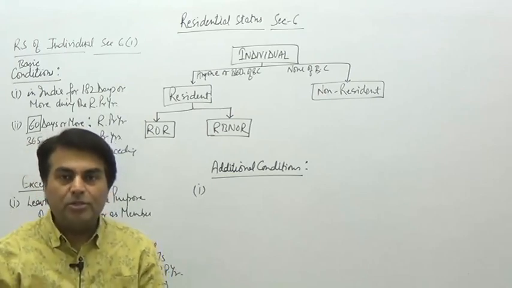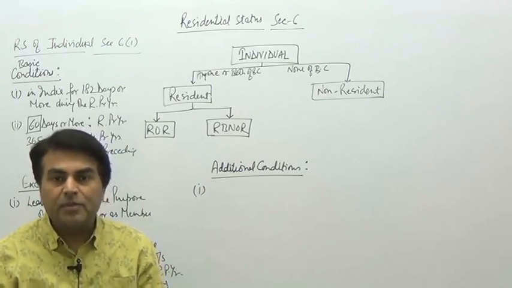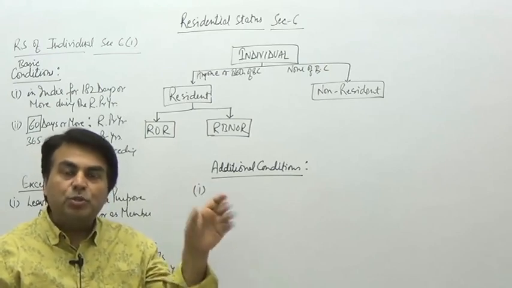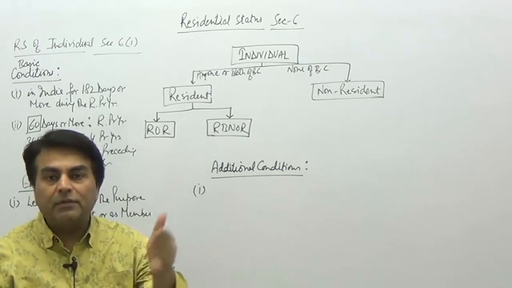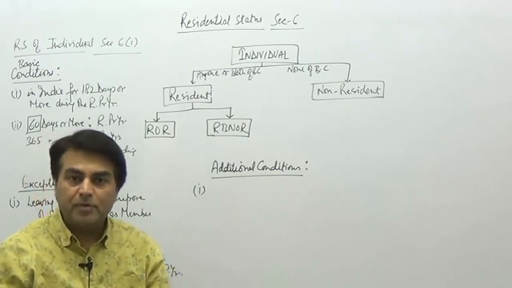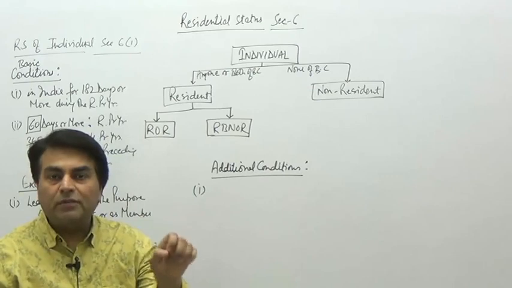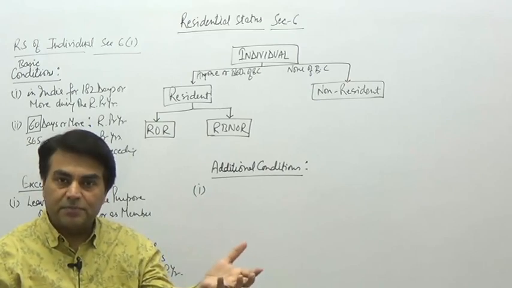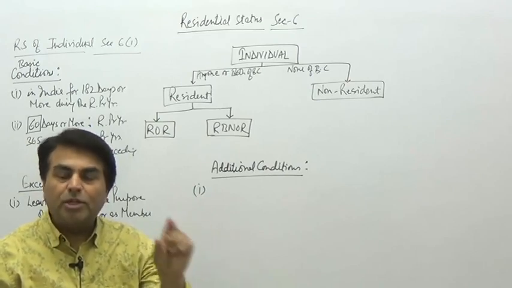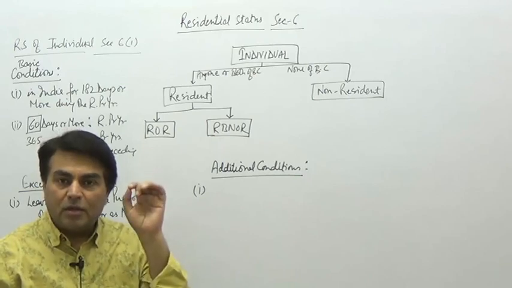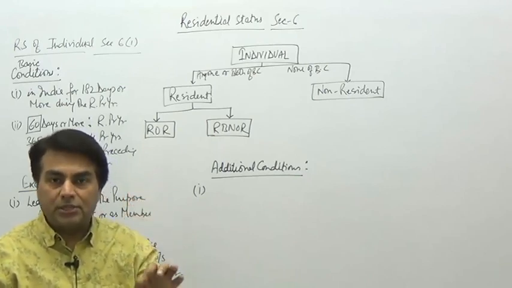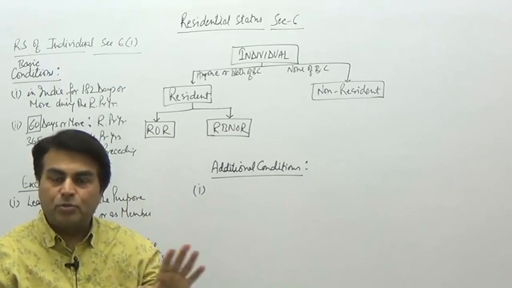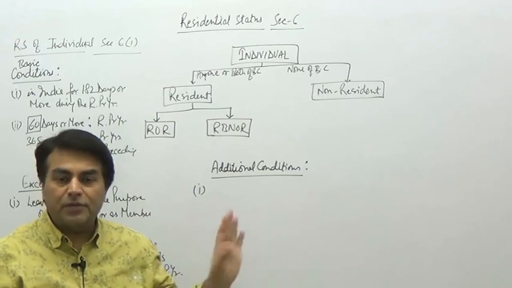We are not counting the relevant previous year, but the 10 years which immediately precede our relevant previous year. So do not take into account the relevant previous year when you are checking the last 10 previous years. This is the most frequent mistake committed by students in working out RS of an individual.